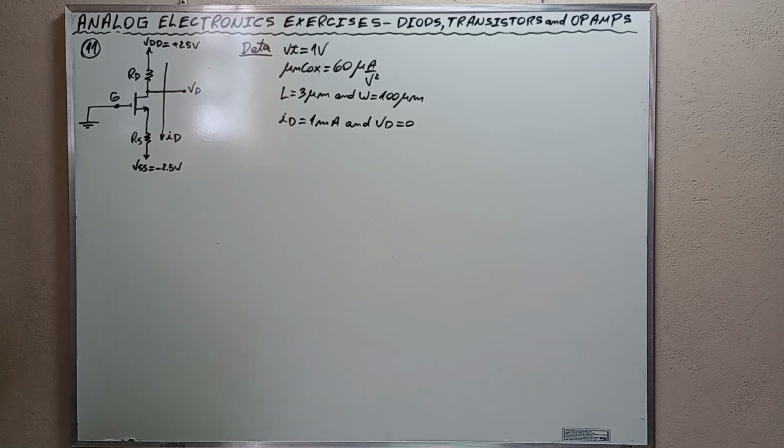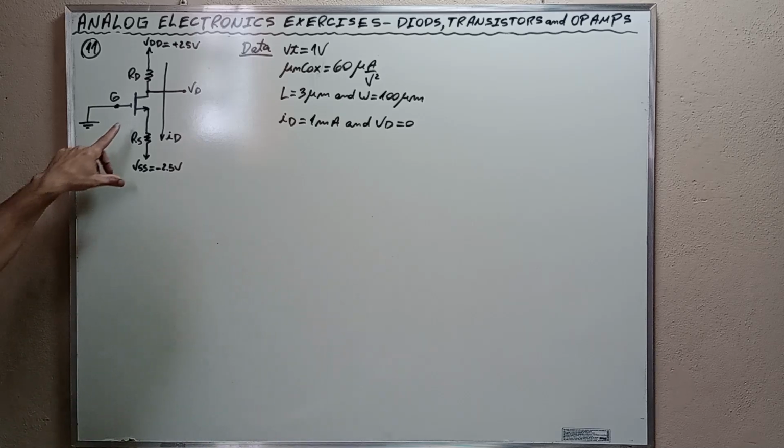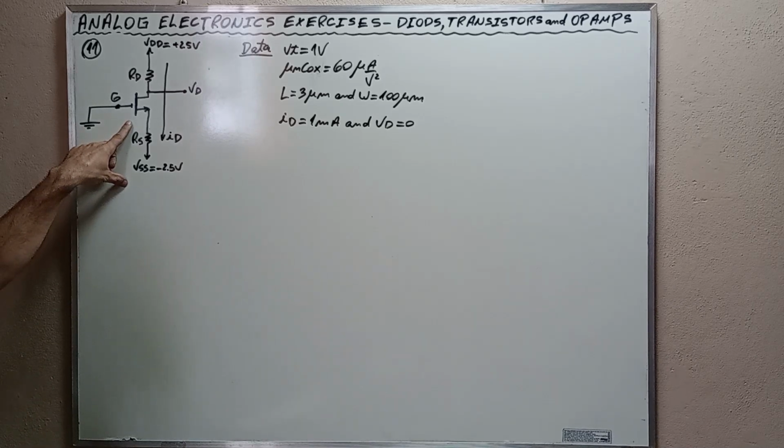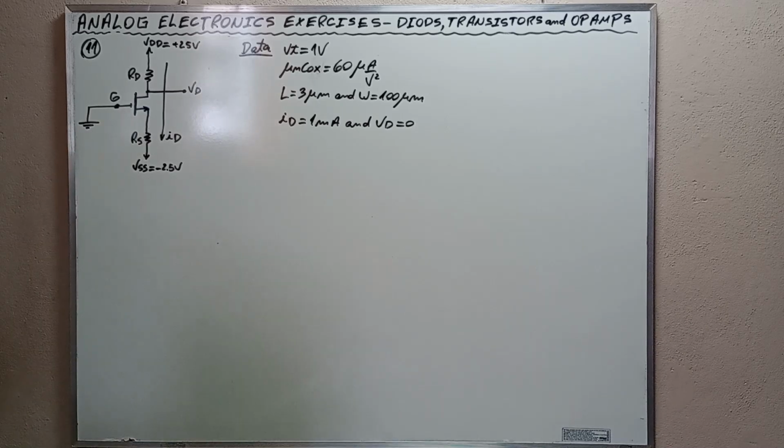But before calculating, we need to understand what kind of transistor we are working with. This is a MOSFET, a field effect transistor. Okay, the exercise imposed that VD has to be equal to 0.